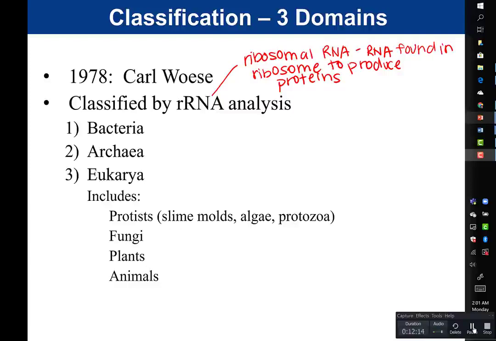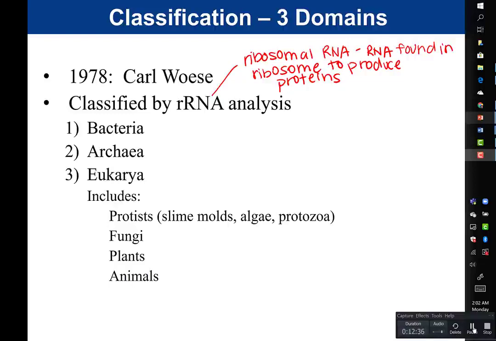The greater the number of differences in their ribosomal RNA, that means those organisms are more diverse, more distinct, and they evolved from each other a lot longer ago in our evolutionary history. And so they can use this ribosomal RNA in order to classify organisms.